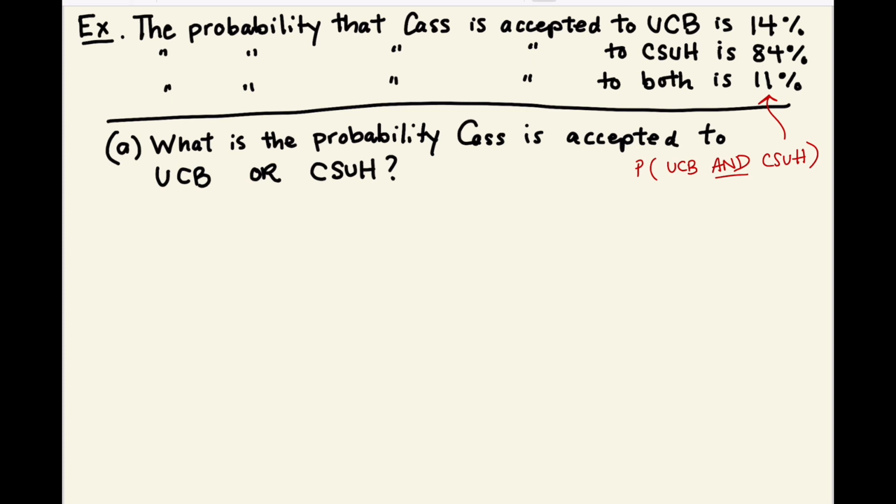In order to calculate this probability, we are going to use the general addition rule. And we're going to use the general rule because it's pretty clear that these events are not disjoint.